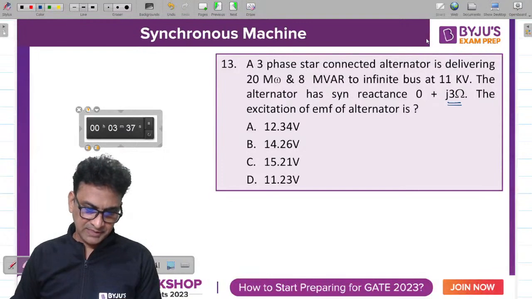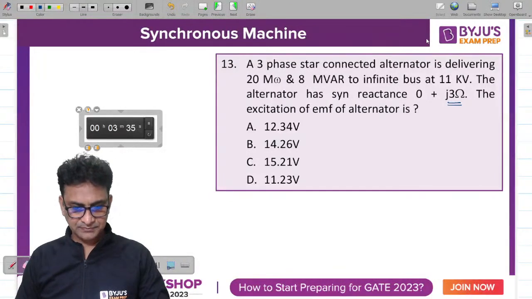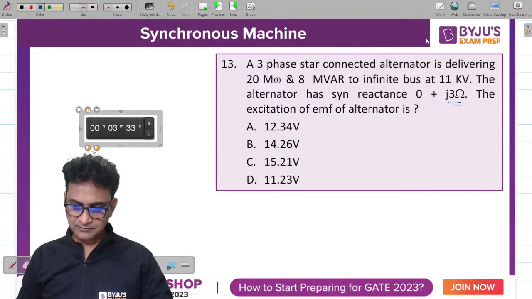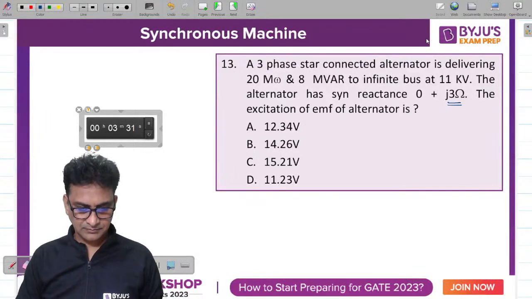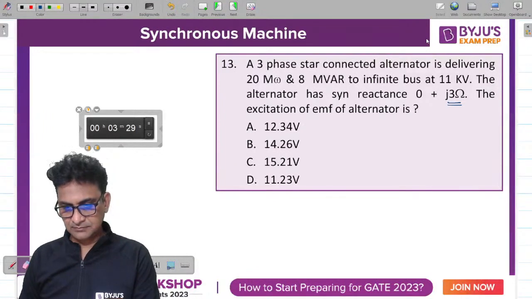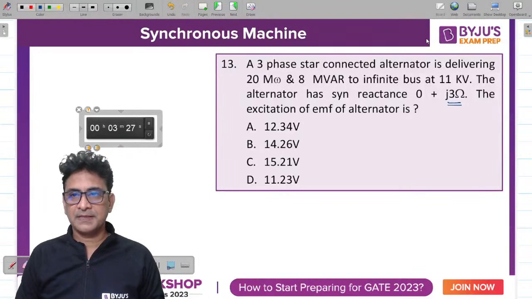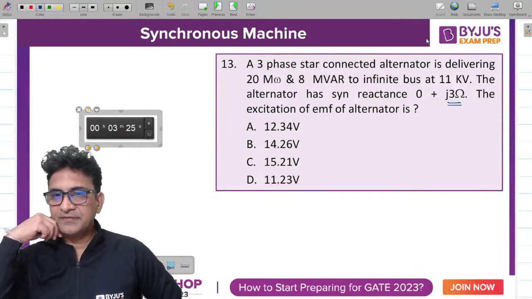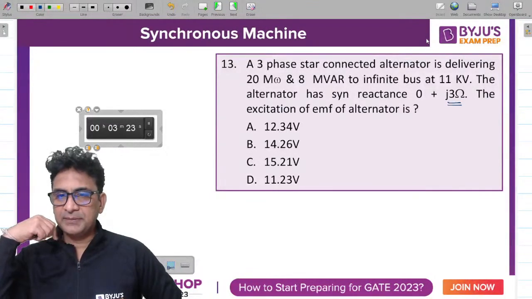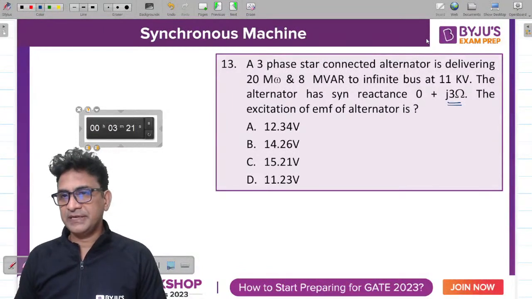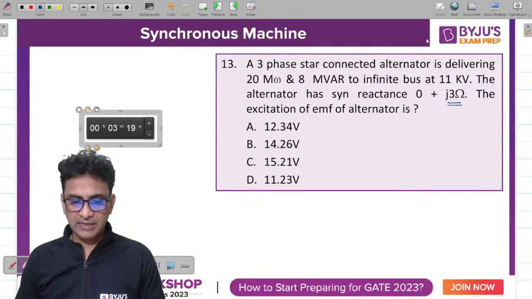You have to find out the value of the excitation EMF. The alternator is delivering 20 megawatt of active power and 8 MVAr of reactive power at 11 kV voltage.